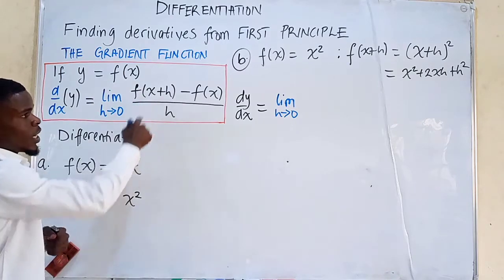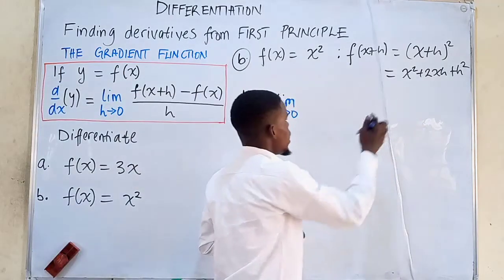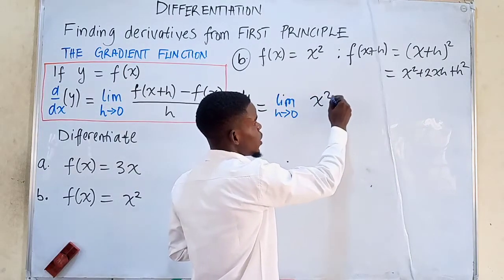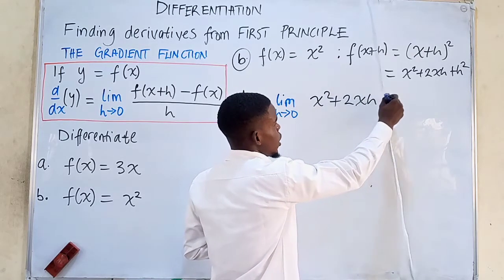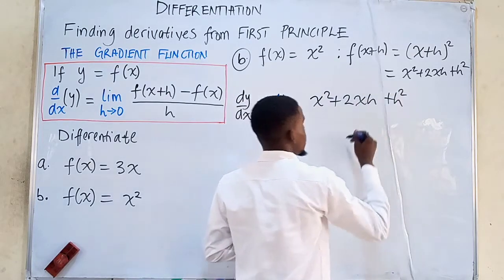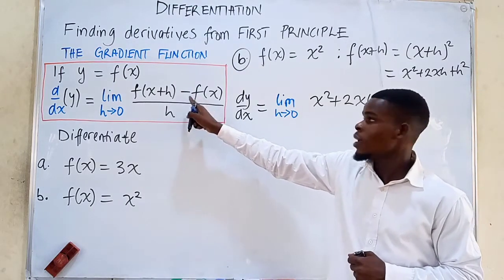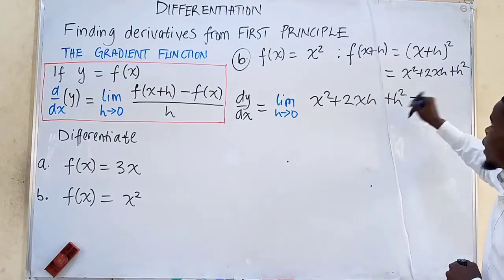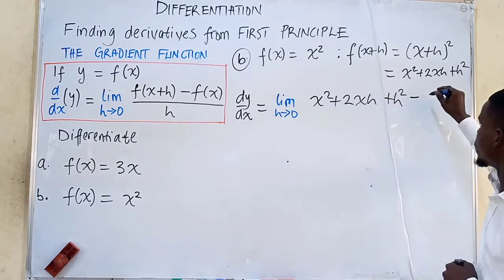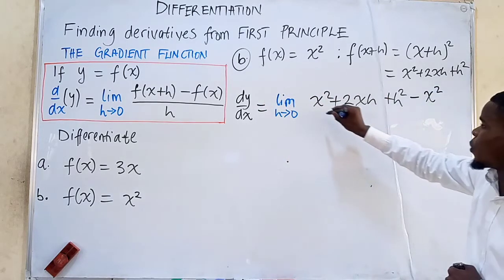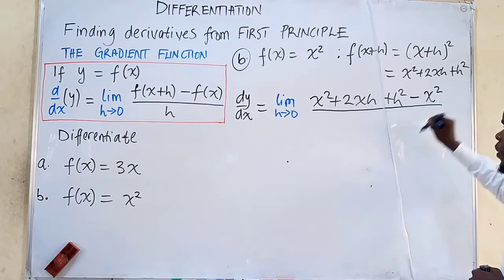f of x plus h, which we've discovered to be x squared plus 2xh plus h squared. And again, minus f of x, which is just x squared. Good. And then divided by h in the denominator.